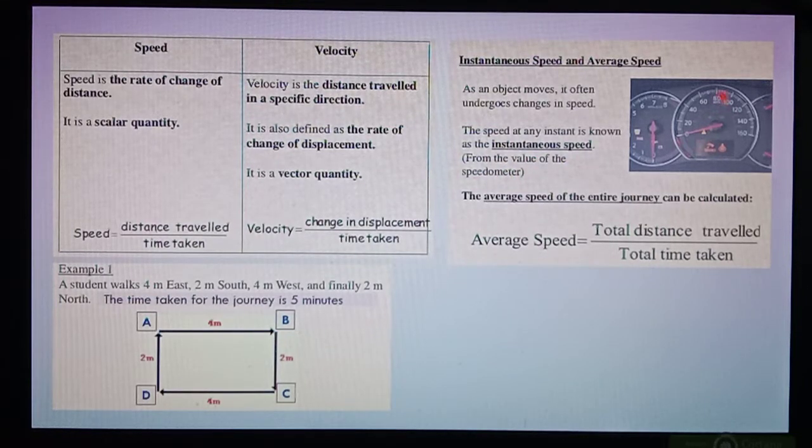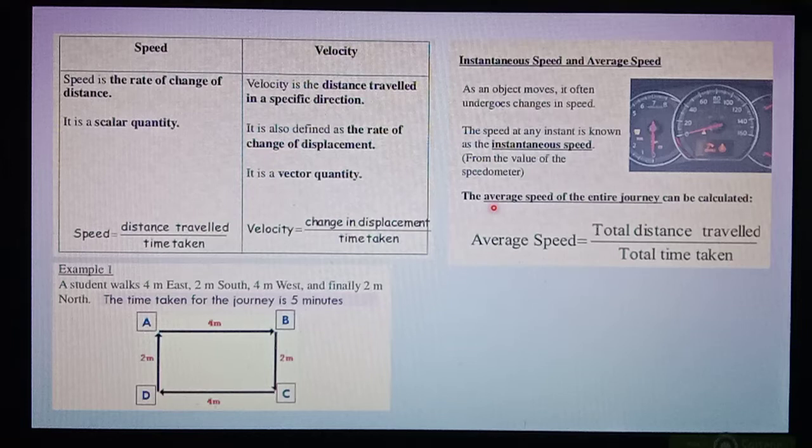For example, at 5:30 p.m. you look at the speedometer, and it shows the reading is 100 kilometer per hour. So that value we call instantaneous speed. Okay, because the value is at that instant, at that second only.